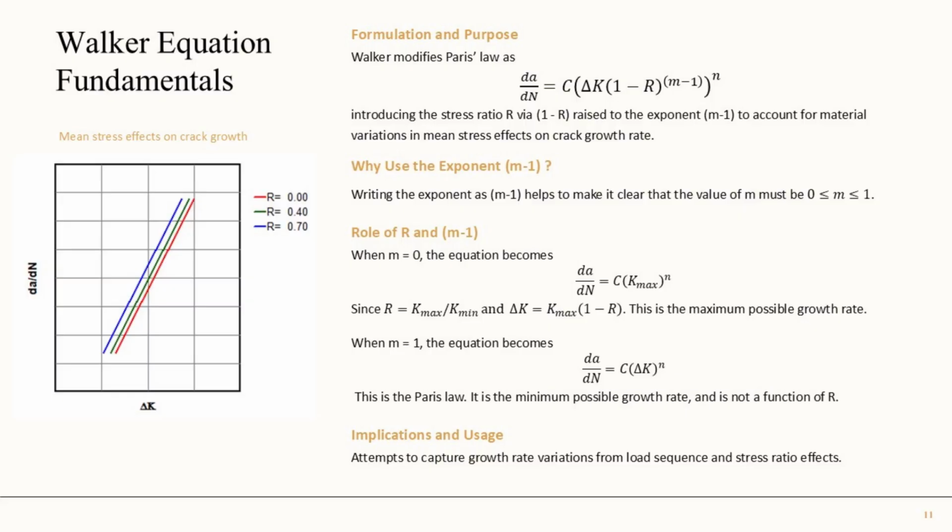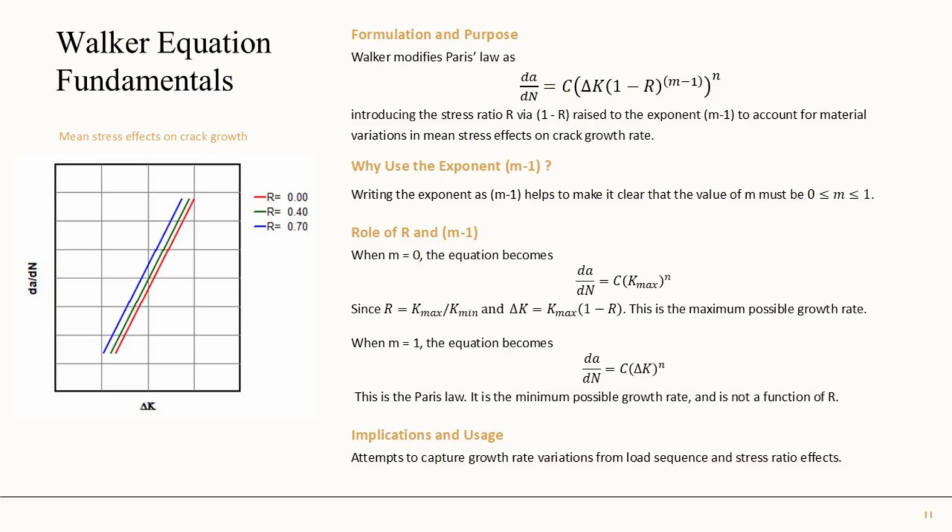I like to use the m minus 1, and I think that's how it was originally done, but it makes it a lot easier to understand that the limits for m are 0 and 1. So, for example, if m equals 0, then you can see the equation reduces to da/dN equals C times K max raised to the n power. And that gives you the maximum amount of shifting that you could have.